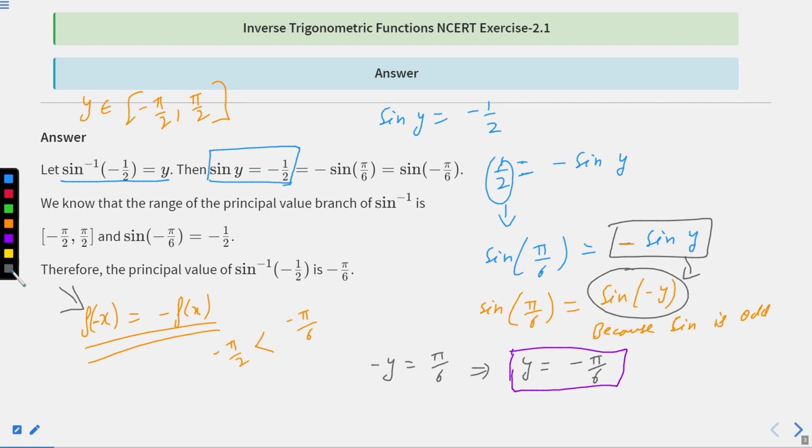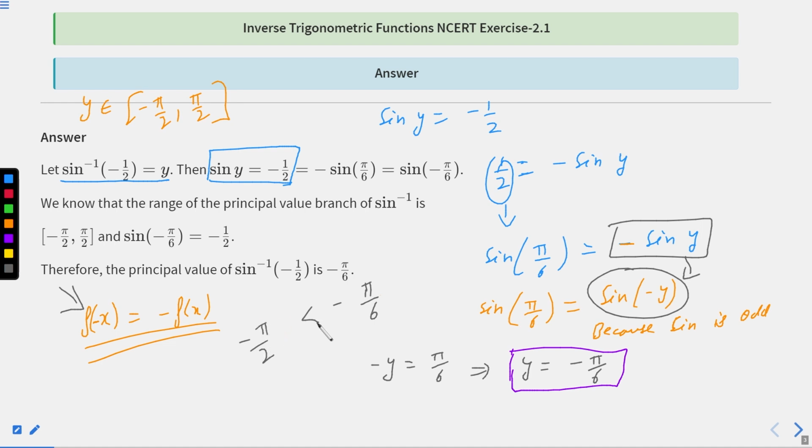We know minus 6 pi is less than minus 2 pi. Just multiply by 1 by 2 on both sides, the inequality remains the same. Now multiply by 1 by 6 also, and you will get this. So as you can see, minus pi by 2 is less than minus pi by 6.